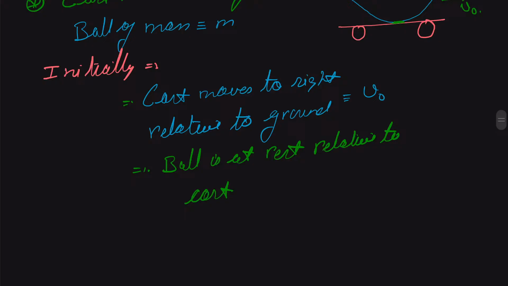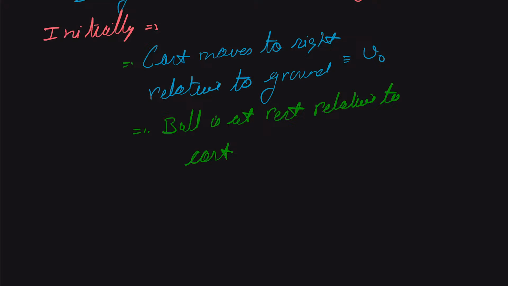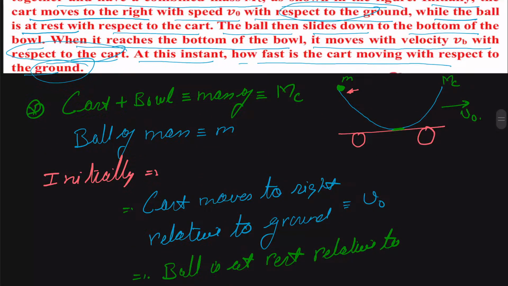And we are also given that when our ball reaches the bottom of the bowl, so let us suppose it starts from position A, and the bottom of the bowl is position B, and here the velocity of this ball of mass m is given as VB.